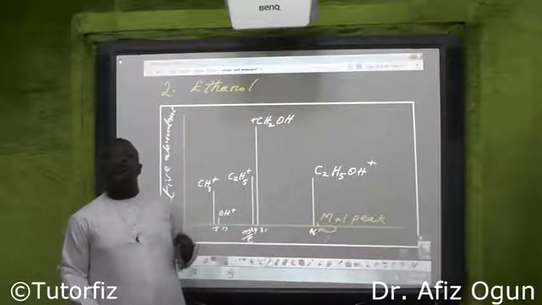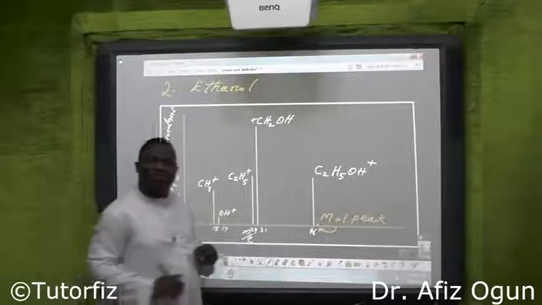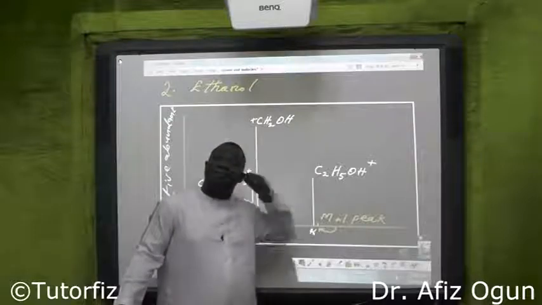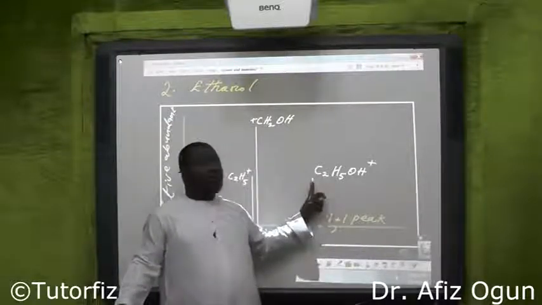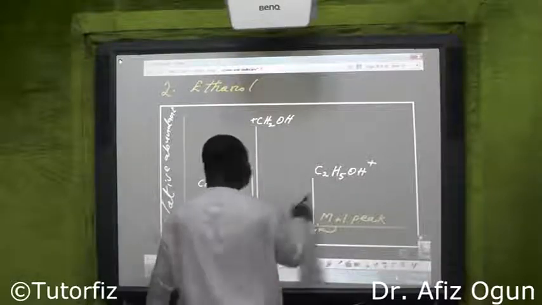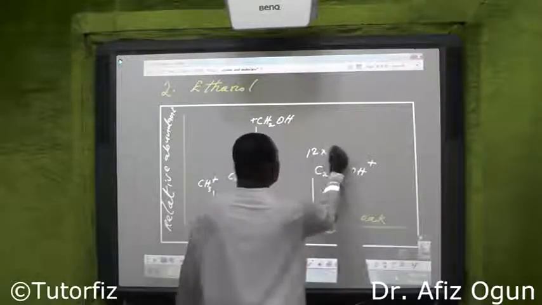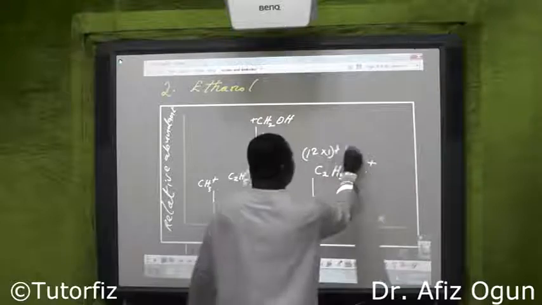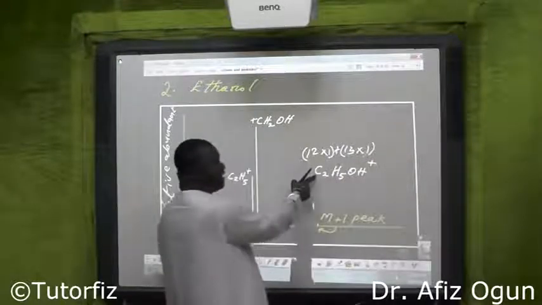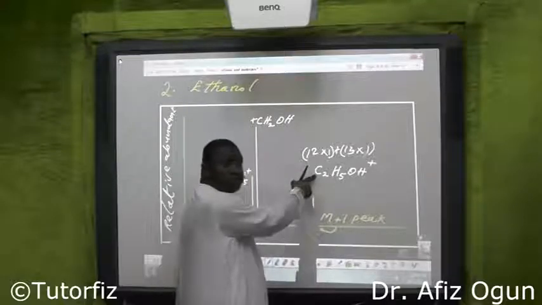What if one of the carbons is carbon isotope 13? That means that carbon has a mass of 13 instead of 12. We said 12 times 2, so it's not going to be 12 times 2. It's going to be 12 times 1 plus another 13 times 1, because one of the carbons here is isotope 13.